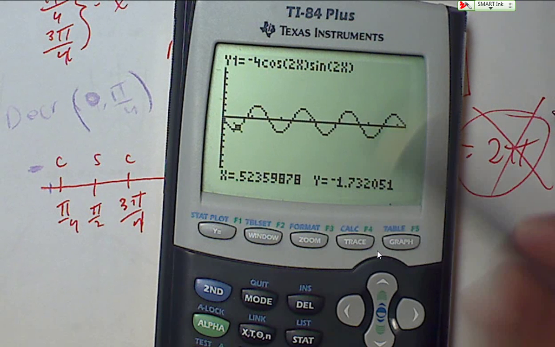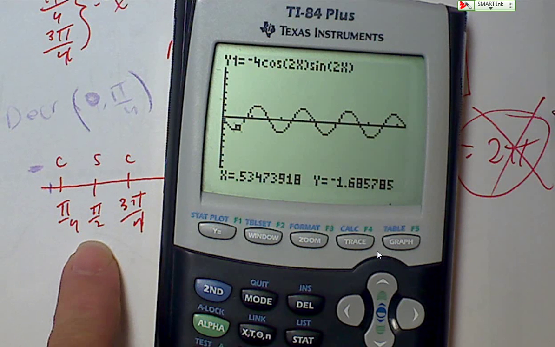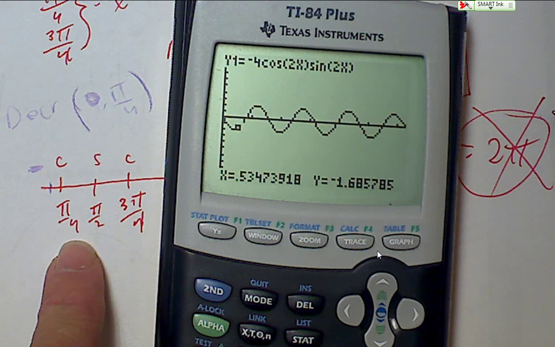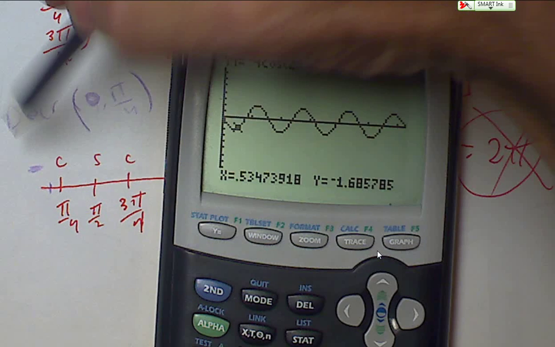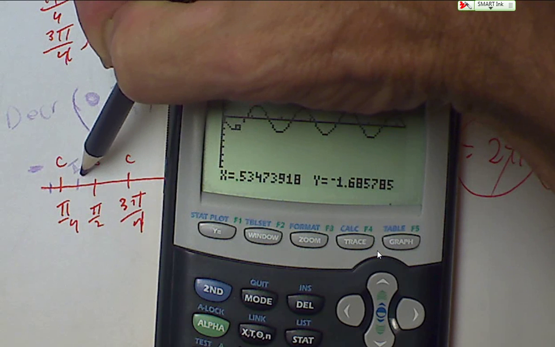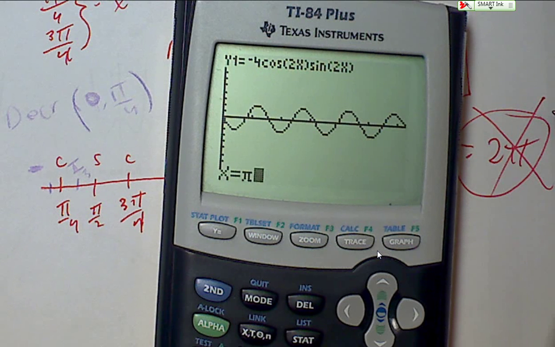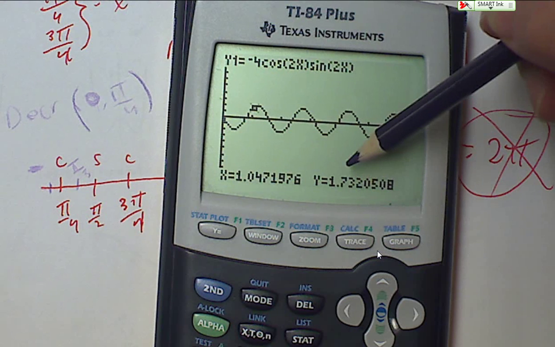If I do trace, a number between pi over 4 and pi over 2. Pi over 3, okay. Trace second pi divided by 3. That is a positive number.